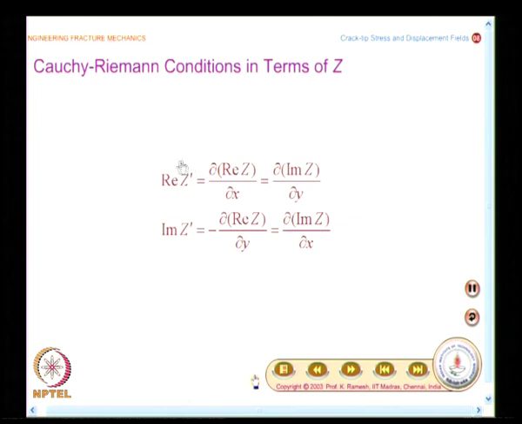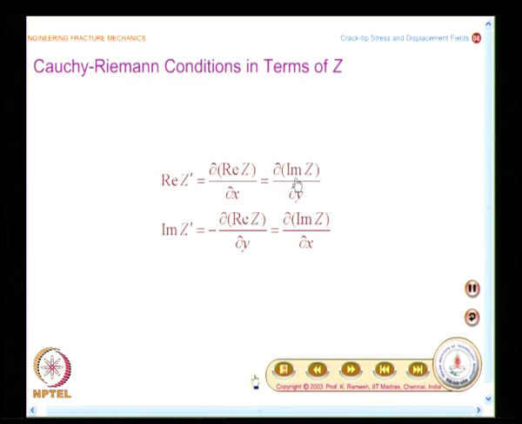And what is written on the left hand side? We have also written that differentiating the real part of Z with respect to x gives you the real part of Z prime. In fact, we would use this identity for simplification. On the other hand, if you look at the imaginary part, when I differentiate with respect to y, the left hand side is the real part of Z prime.